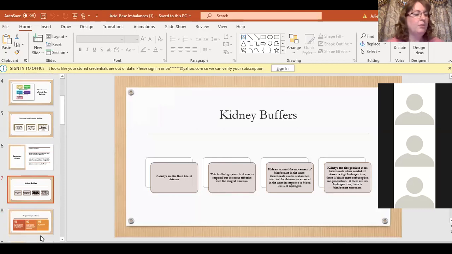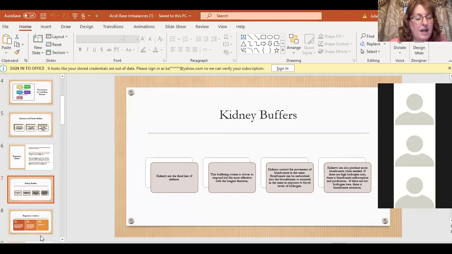All right, the other buffer is your kidneys. With the kidneys, this is the third line of defense, and this does not kick in as quickly as the other two do. Usually it's going to take about 48 hours to make any type of change with your kidneys. So the kidneys reabsorb sodium and produce and conserve sodium bicarb.